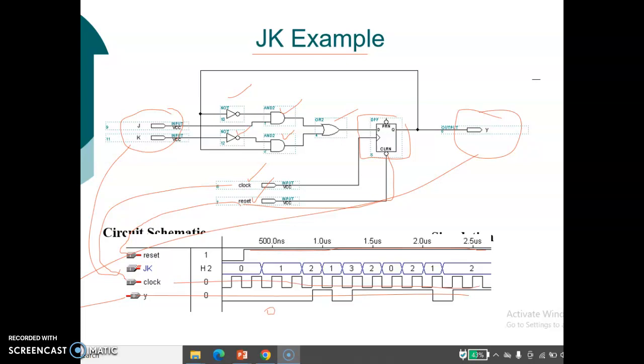Here 0, here 1, here 0, here 1, 0 like this. According to the JK data inputs, the output varies. Reset is continuous when the function starts initially, and it will be 1 only.